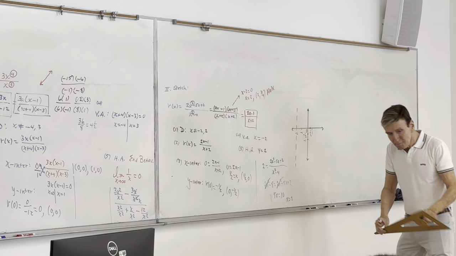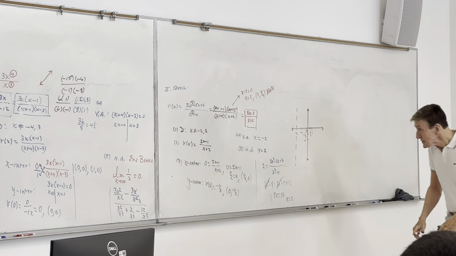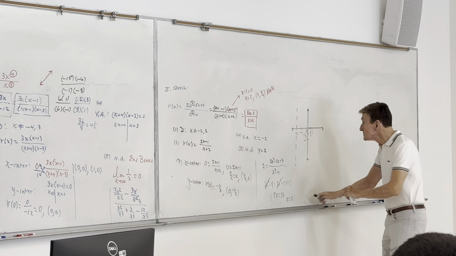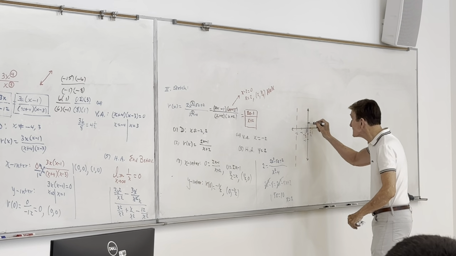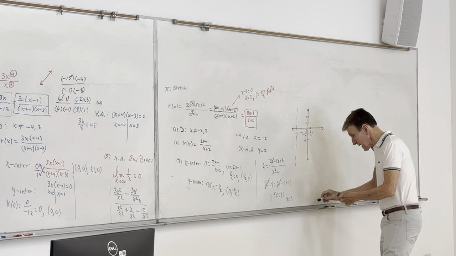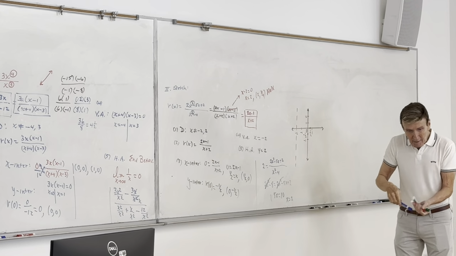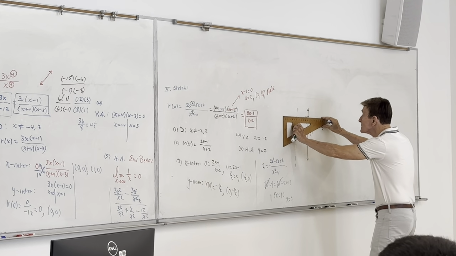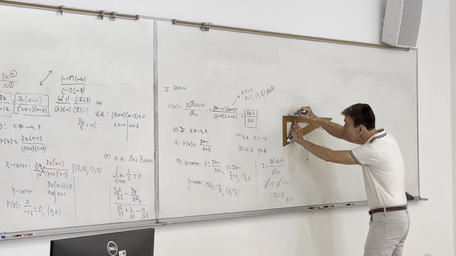There's the vertical. The horizontal is supposed to be up at 2. I'll place it up here, something like this.